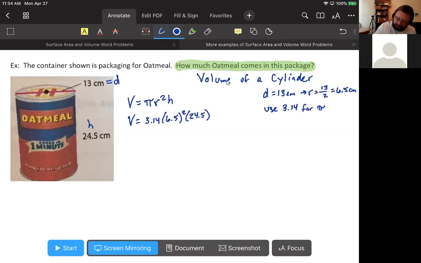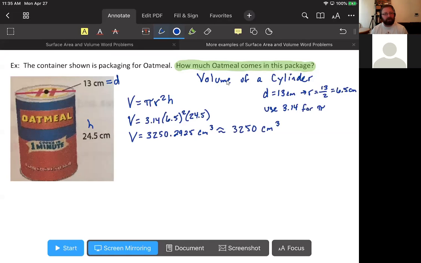So we do that, and we get that the volume is 3,250.2925 cubic centimeters. And what we're going to do is go ahead and round that to the nearest cubic centimeter, only because, you know, in normal conversation, you don't tell somebody that it contains 3,250.3 anything.